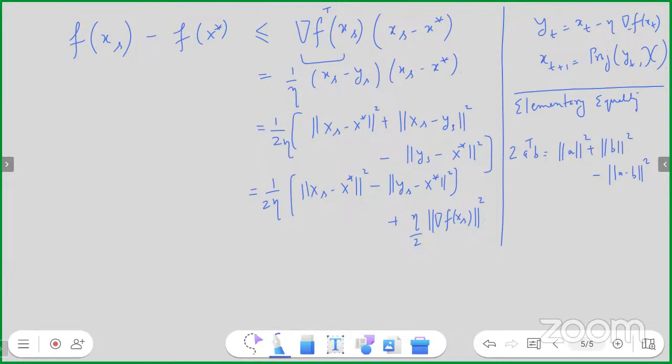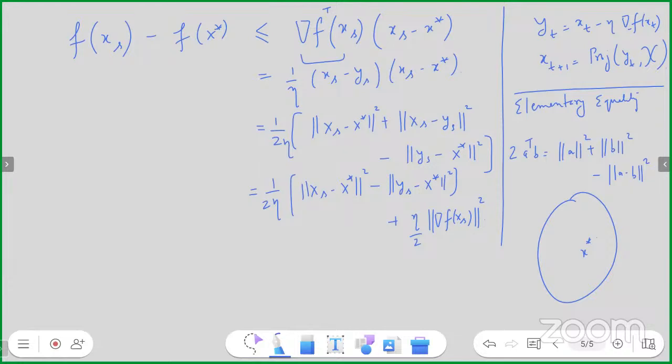I'm talking about the difference. Both these quantities are comparing the distance with respect to x star. So there is some x star. Where do xs and ys lie? Or you can look at one step later also if you think. Think of distance of yt to x star and xt plus 1 to x star.